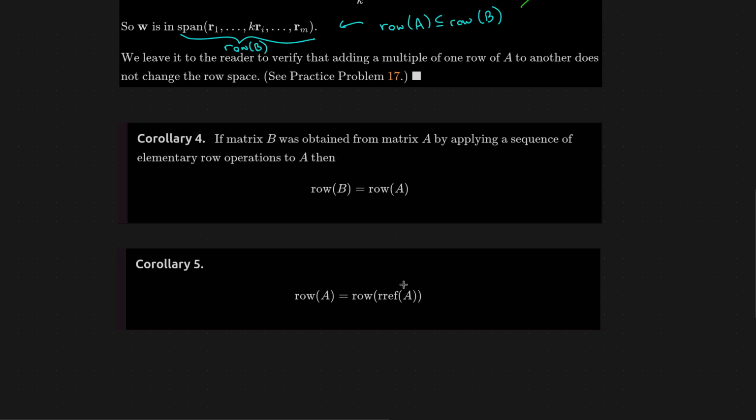This is useful because once we have a matrix in reduced row echelon form, it is really easy to identify a basis for the row space of that matrix. It is easy to find a basis for the row space of a matrix in reduced row echelon form.